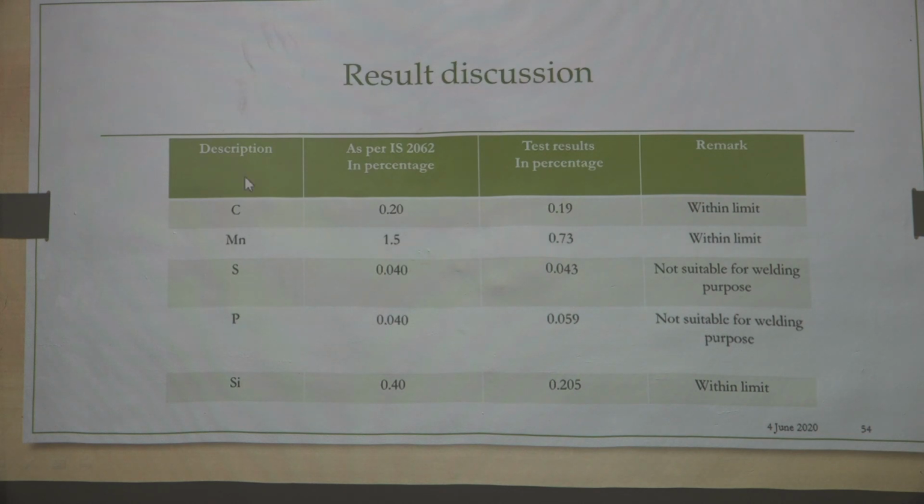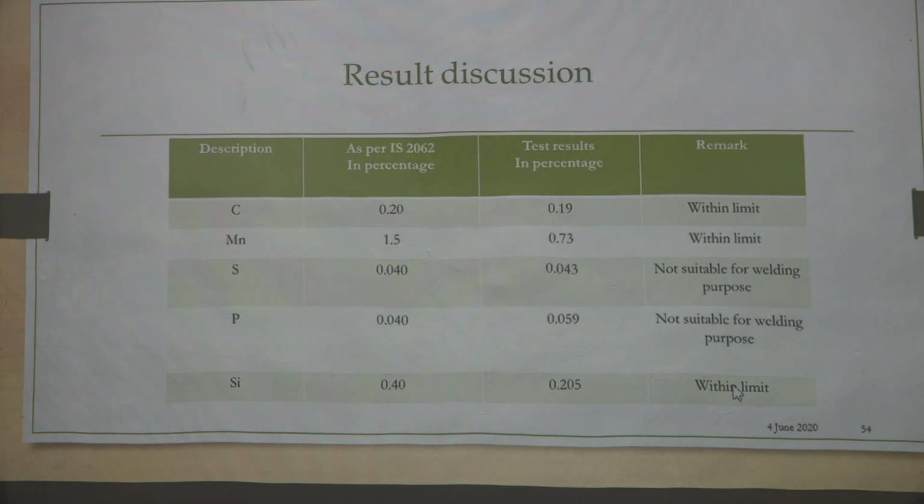By looking at the actual chemical analysis, we are able to classify the different elements like carbon content, manganese content, the sulfur, phosphorus and silicon. All these values are within range except two: sulfur and phosphorus are not within the limits.